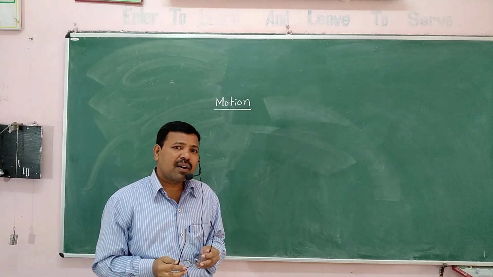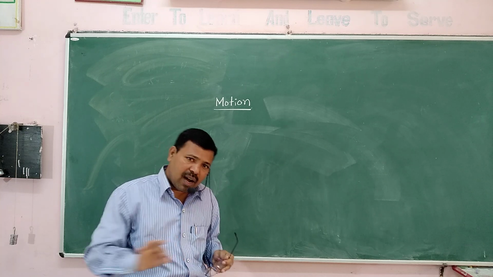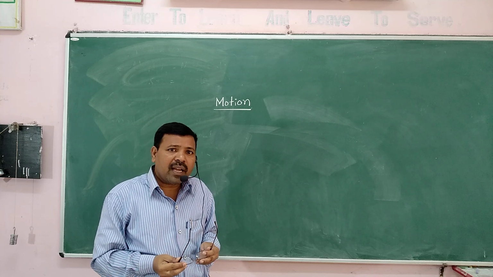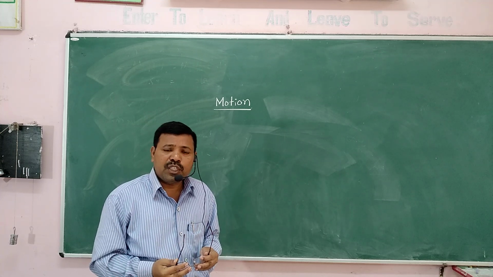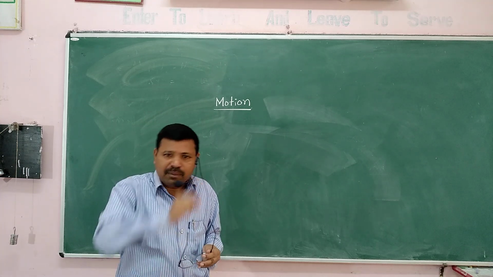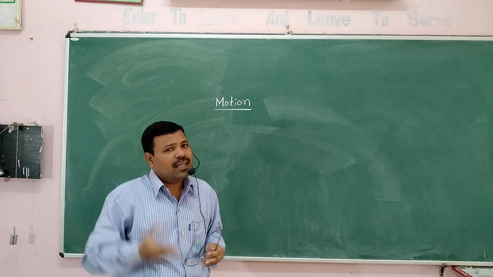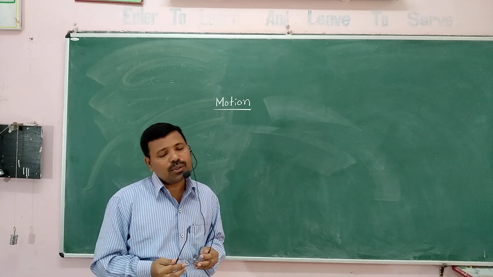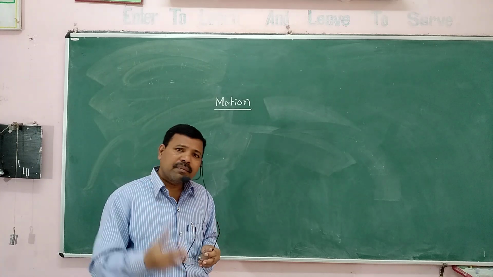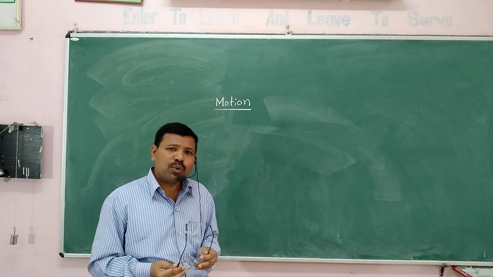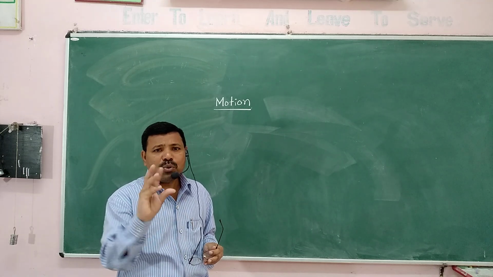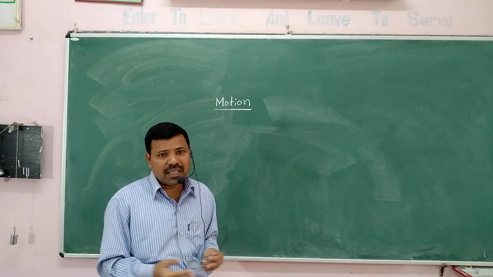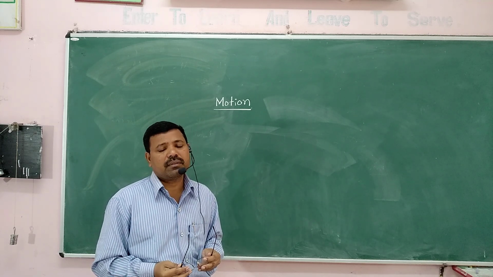The motion of an artificial satellite around the earth, maybe a polar satellite or a geostationary satellite, is circular motion. And the rotational motion I have given you: the motion of a fan about its axis is an example of rotational motion.